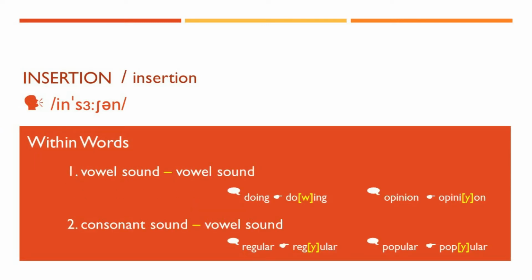When we say the word doing, we don't say doing, we say doing. In that word, there is the insertion of a subtle w sound. Doing, doing. The same is true for the word opinion.